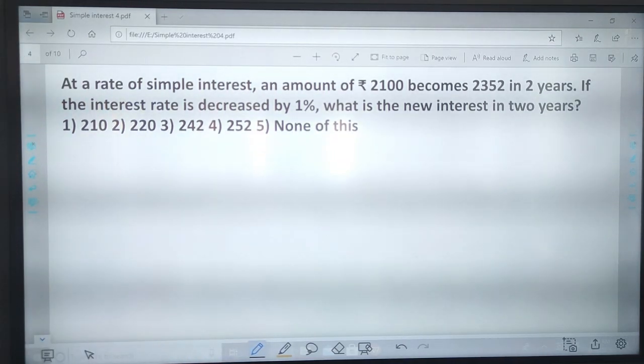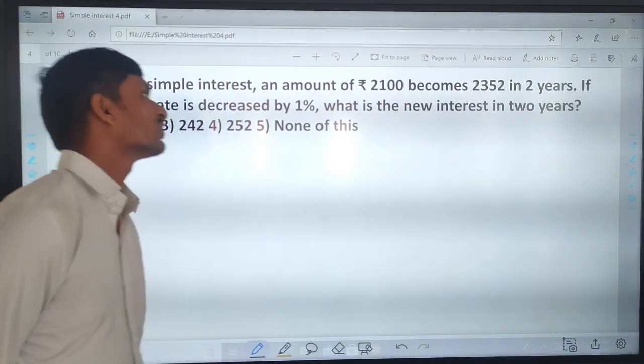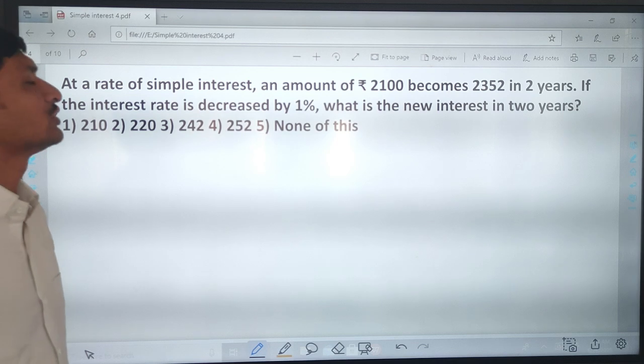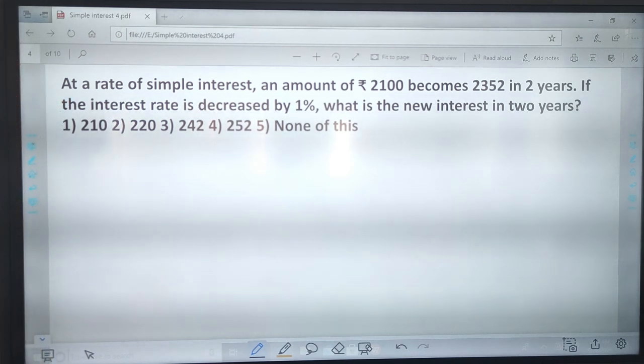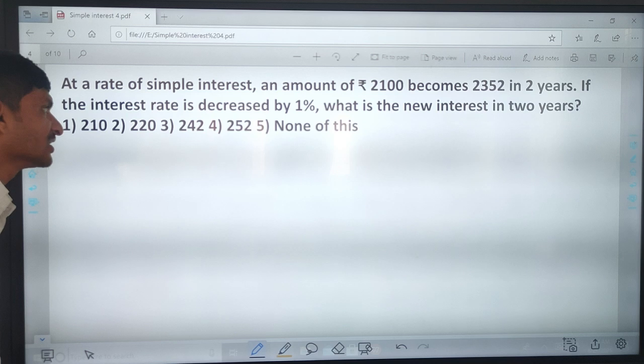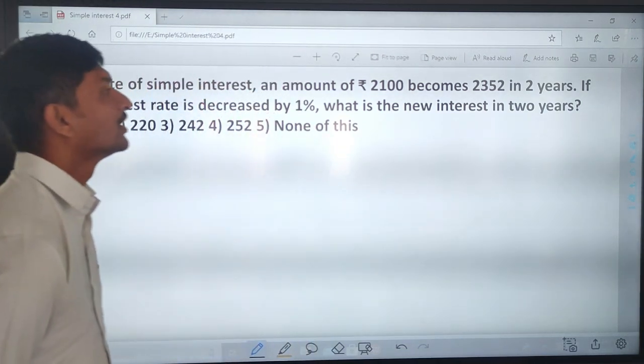Now next: at a rate of simple interest, an amount of 2100 becomes 2352 in 2 years. If the interest rate is decreased by 1%, what is the new interest in 2 years?